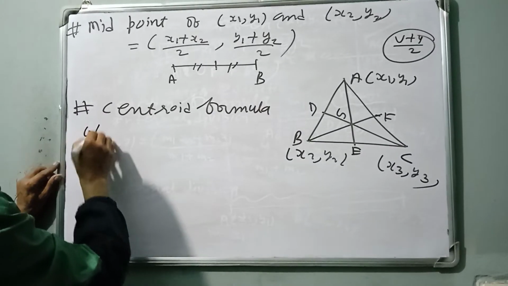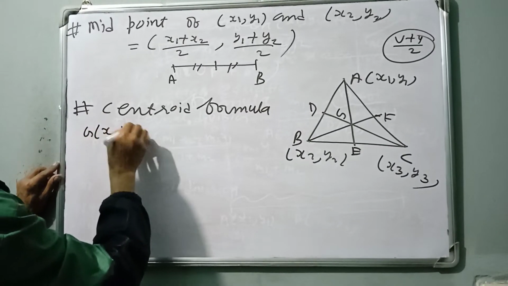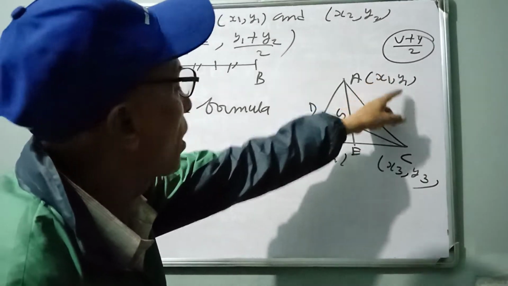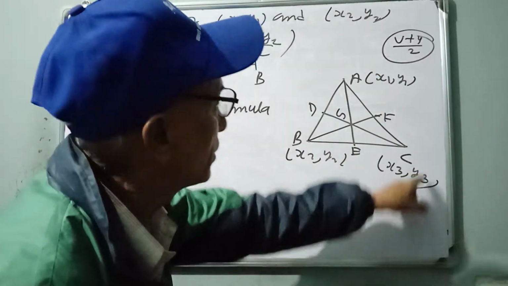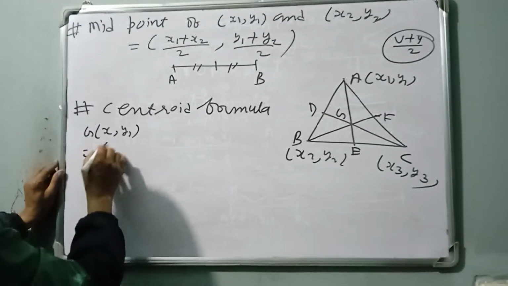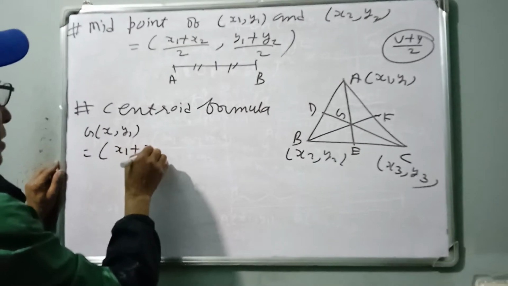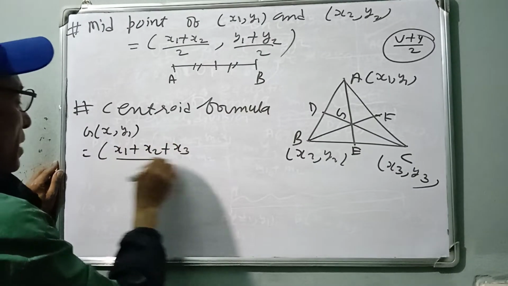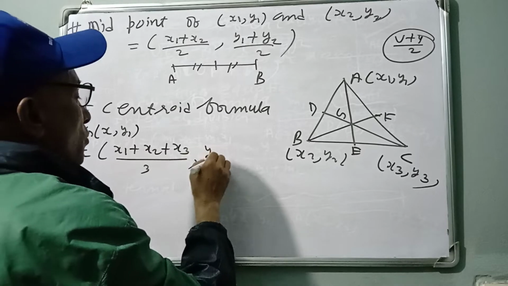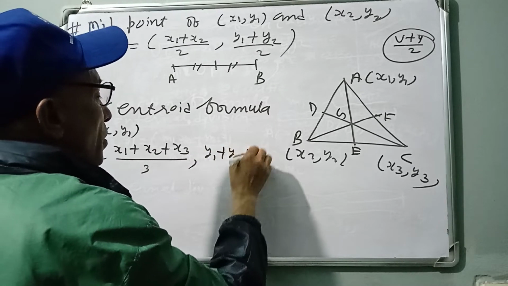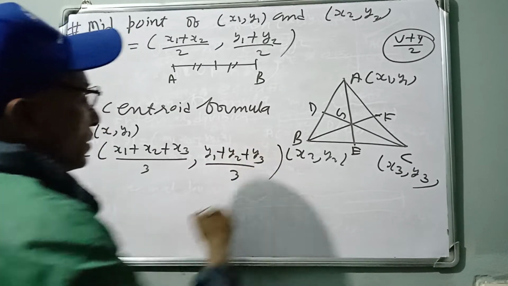What is the formula of centroid? G(x, y), whose vertices have coordinates x1, y1, x2, y2, x3, y3. x1 plus x2 plus x3 by 3, comma y1 plus y2 plus y3 by 3.